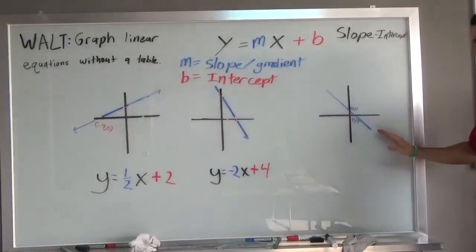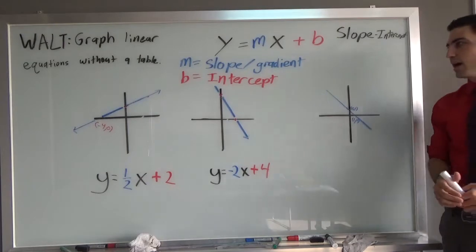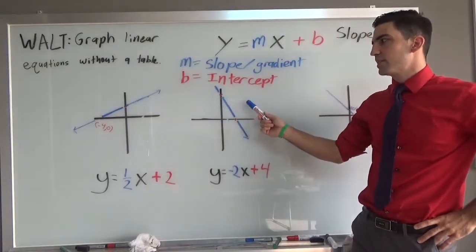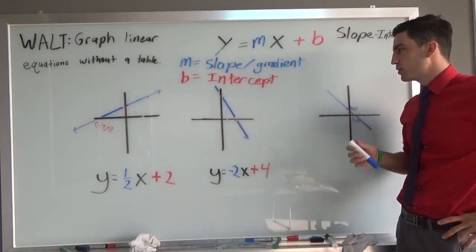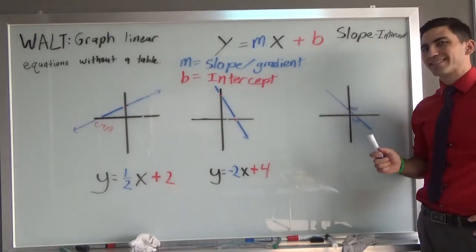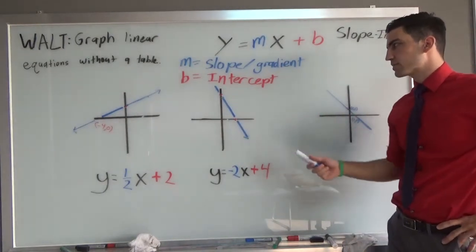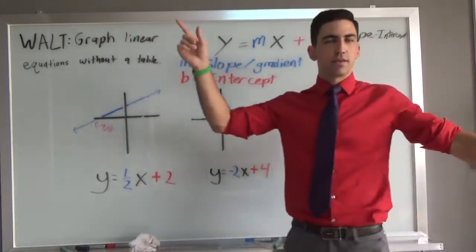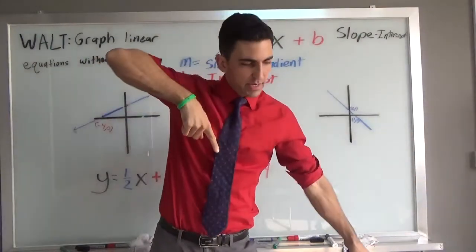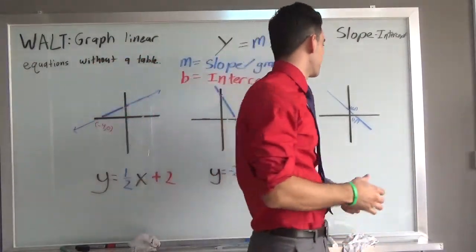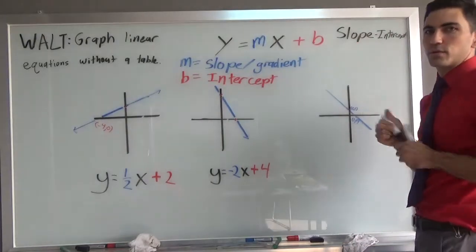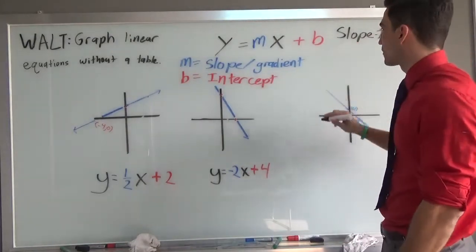Okay, so this next one, if this is a positive slope and this is a negative slope, I hope that you would agree this resembles the negative slope. If we are going from left to right, it is pointing down. So this has a negative slope. So here's how we're going to read this graph.